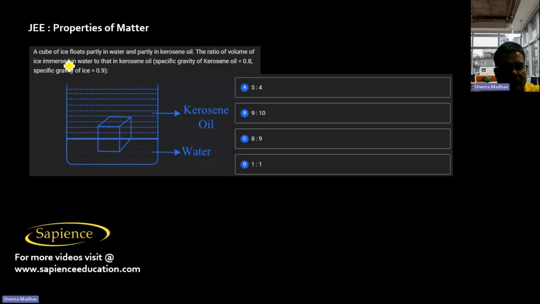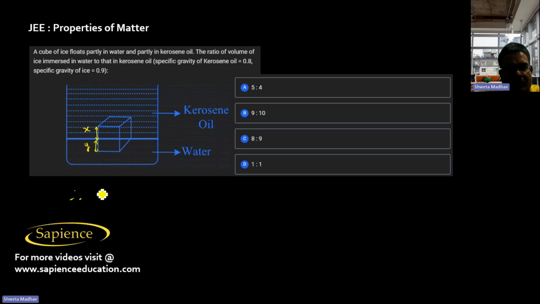And it is told a cube of ice floats partly in water and partly in kerosene oil. The ratio of the volume of the ice immersed in water to that of kerosene oil is. So let's say the height immersed in kerosene oil is x, and the height immersed in water is y.